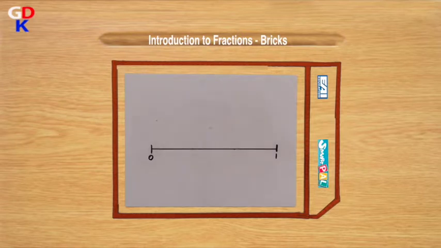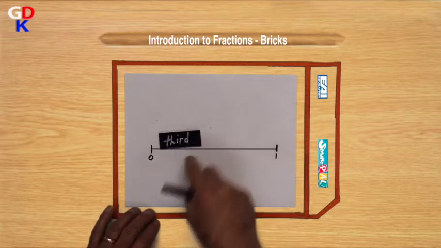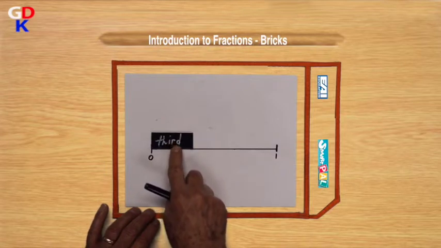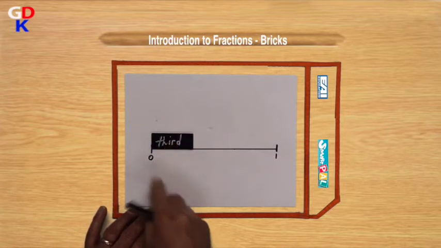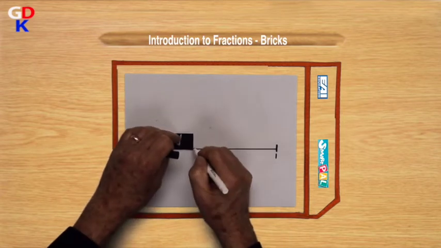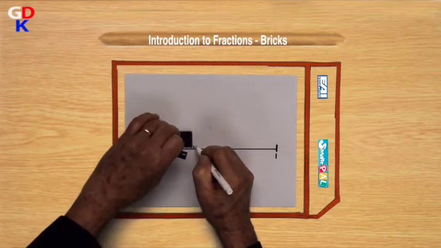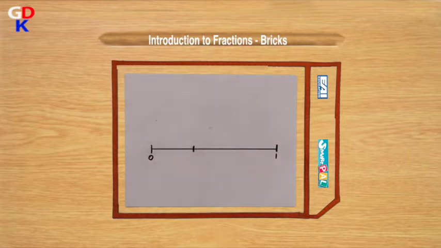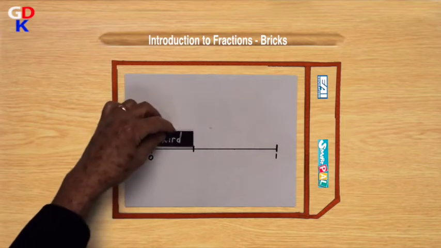So let's look at 1/3. 1/3 goes from 0 to this point right here. So the distance from 0 to this point, we can say, is 1/3. Now let's look at 2/3.